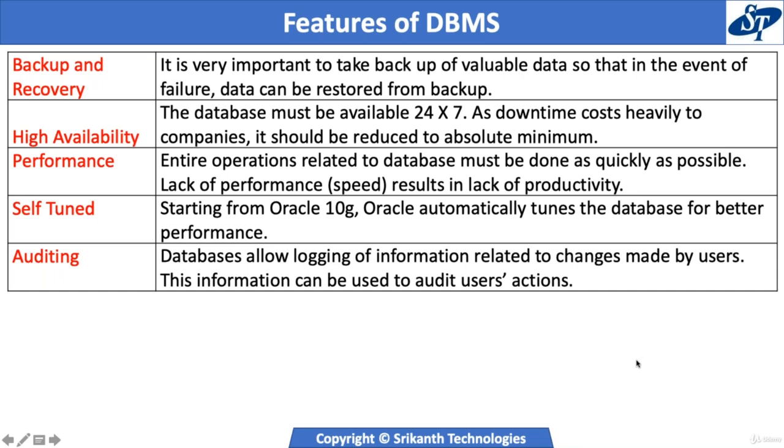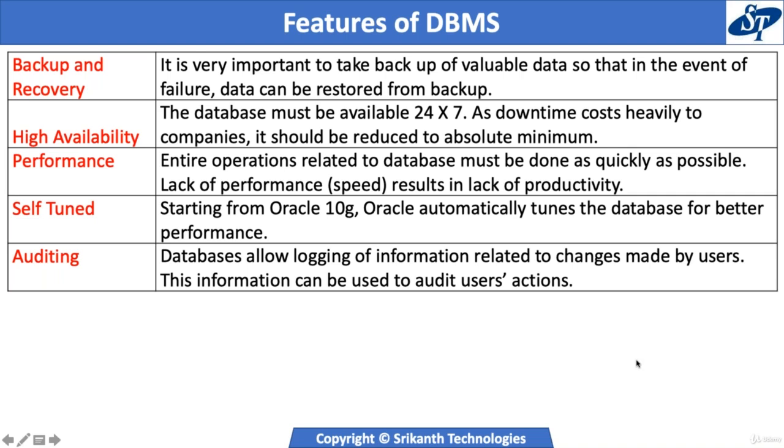Every database management system is using a particular model to store data. And there are four major database models, or called data models. And out of these four data models, two of them are pretty outdated.